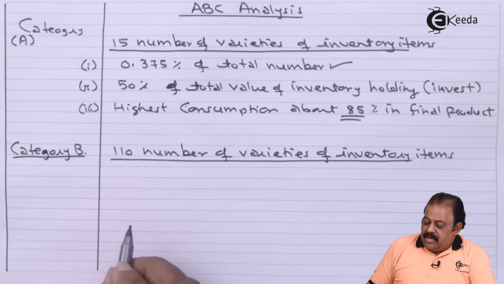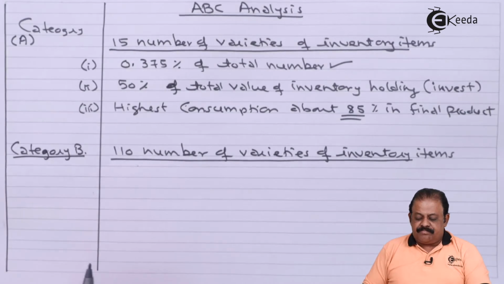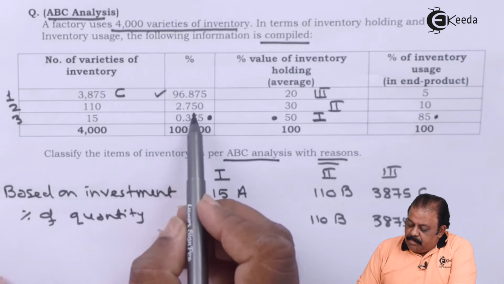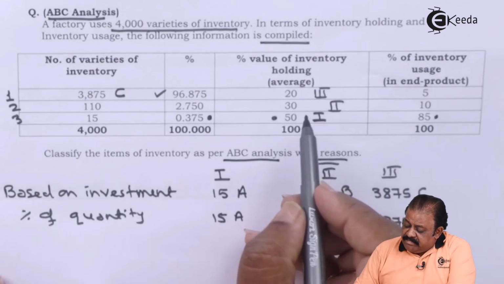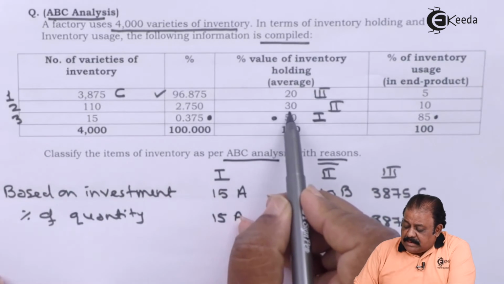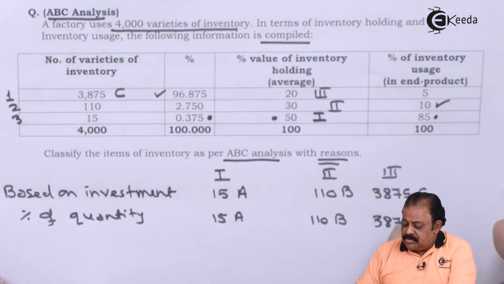In category B, we'll have 110 number of varieties of inventory items. They are having percentage 2.750, investment is around 30%, and in final product their contribution is 10%.